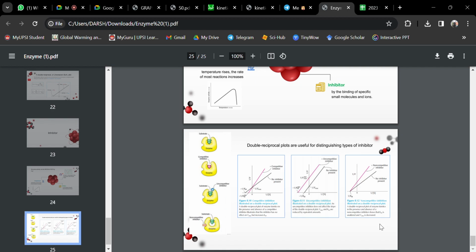Terbalik cakap ni. Terbalik saya cakap ni. Non-competitive. Terbalik lah. Non-competitive. Dia go for allosteric non-competitive. Habis semua orang belajar yang tersilap pula saya cakap.